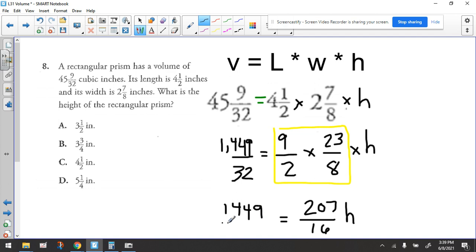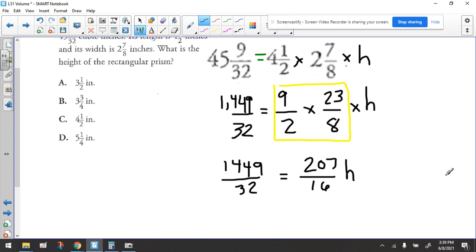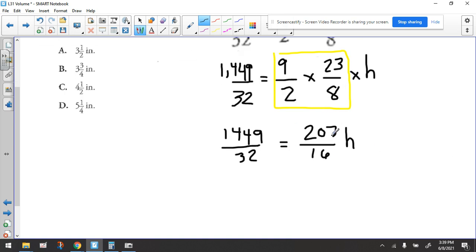divided by 32. All right, so now let's think back to when we studied algebra. When you have a fraction coefficient, which we do, then you want to apply the inverse operation. And what's the opposite of this? It's to multiply by its reciprocal. So let's multiply both sides by the reciprocal of this number.